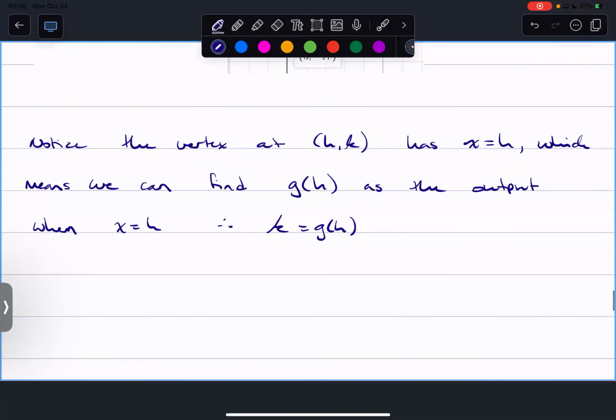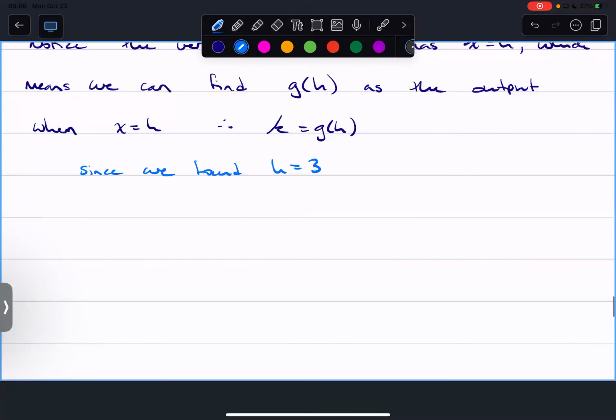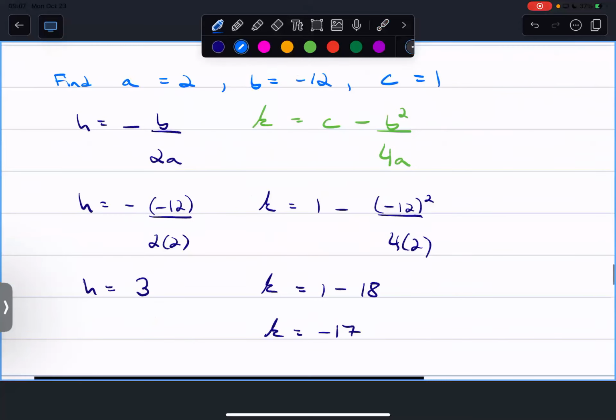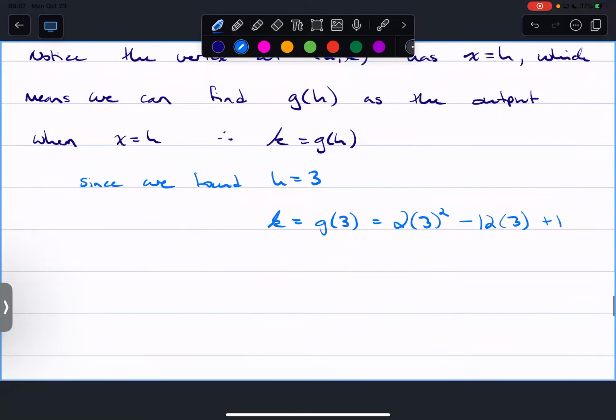So since we found h is equal to 3, k is g of 3, which is going to be, I lost it. 2x squared minus 12x plus 1. 2 times 3 squared minus 12 times 3 plus 1. Math. I'm going to guess -17. Just a lucky guess, you know.